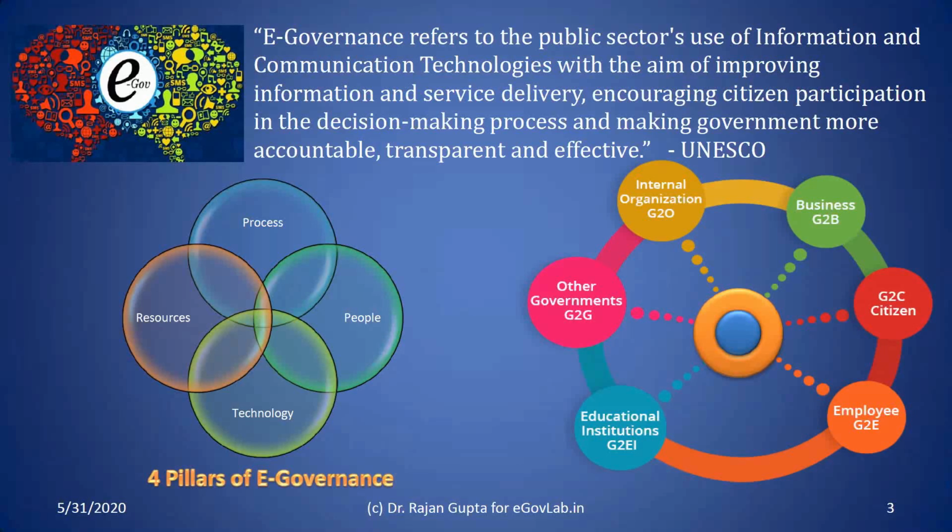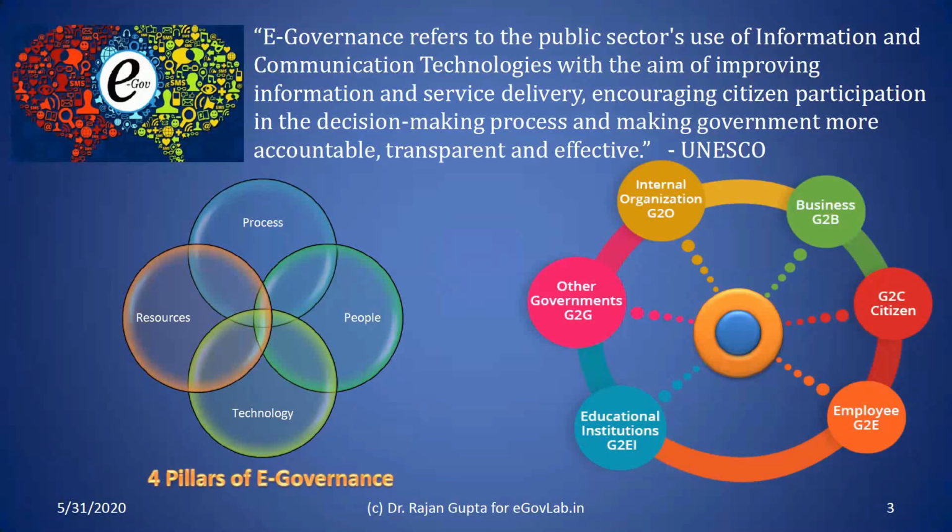Similarly, government can connect with its own employees, with businesses, with various organizations which can be independent in nature, and with other governments, maybe its own offices or the government of some other region. It can also connect with educational institutions for the purpose of citizen engagement, capacity building, education and training, and sensitization regarding the services.